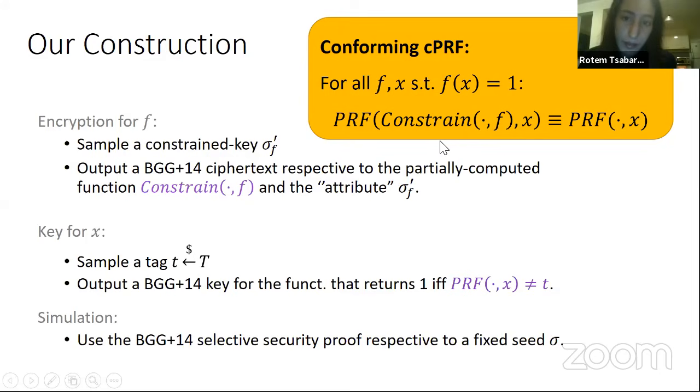We require that the evaluation itself be the same. This is why we can only do that for the t-CNF, because for now we only have a constrained PRF for this function family that satisfies this strong requirement.